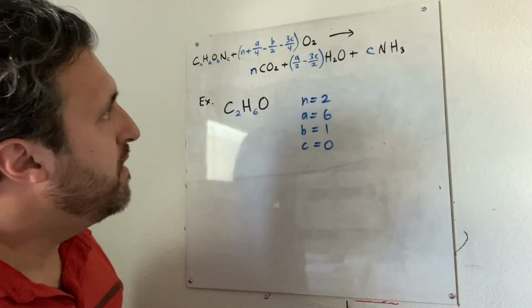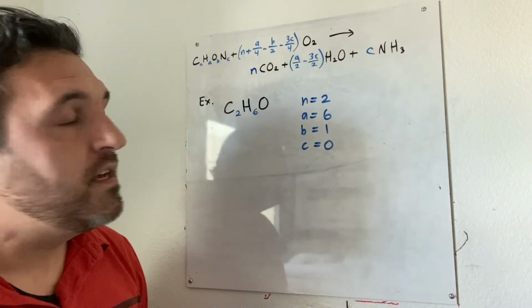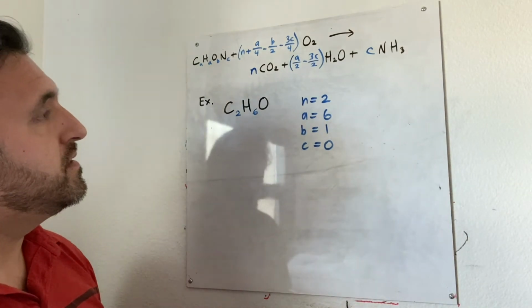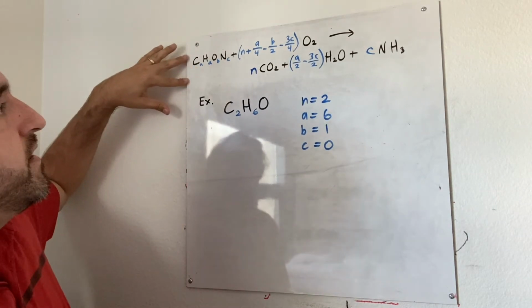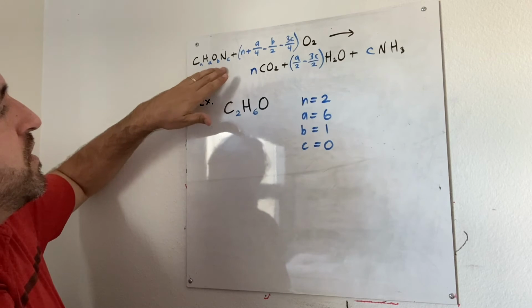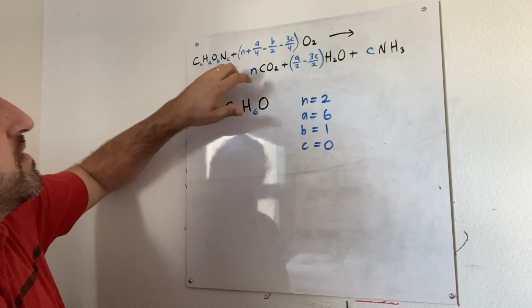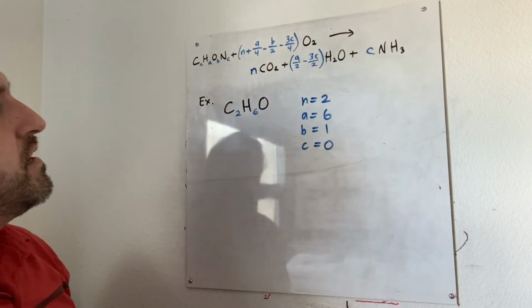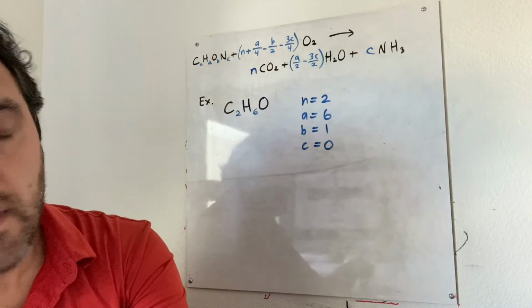All right, so we've got our master equation for determining the oxidation of a given constituent to develop a balanced stoichiometry, as you can see here. So we just need to determine what the values are for N, A, B, and C, and then calculate the coefficients here of the stoichiometric equation using those values.